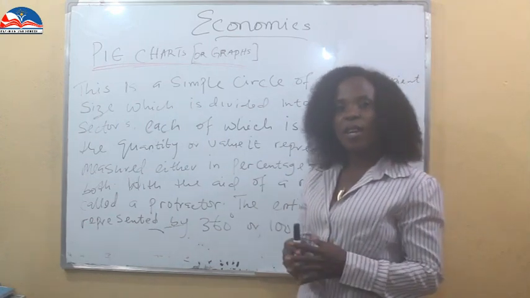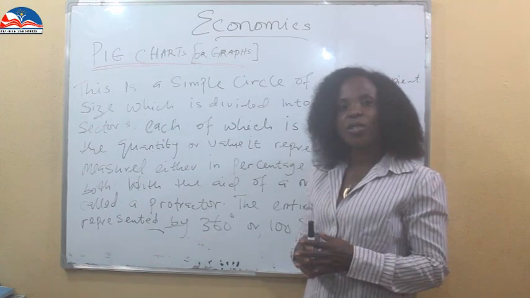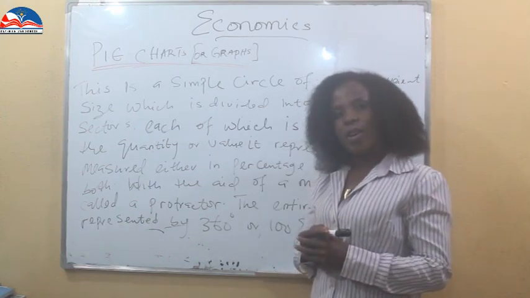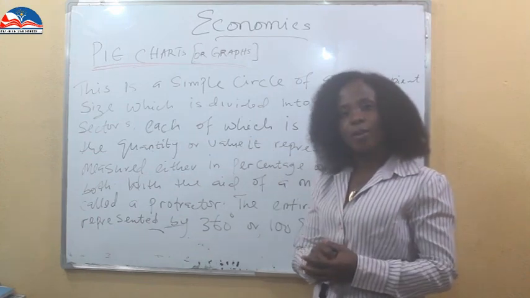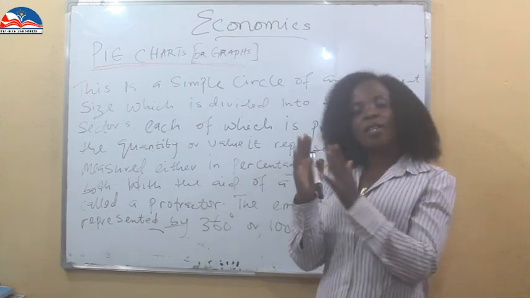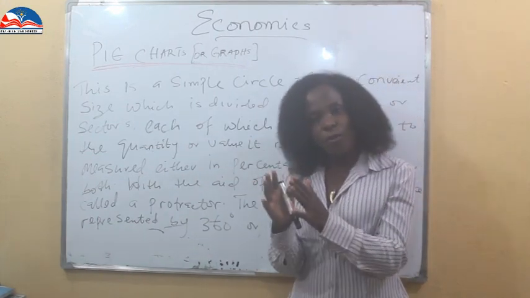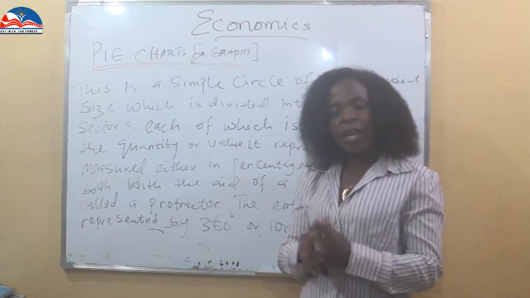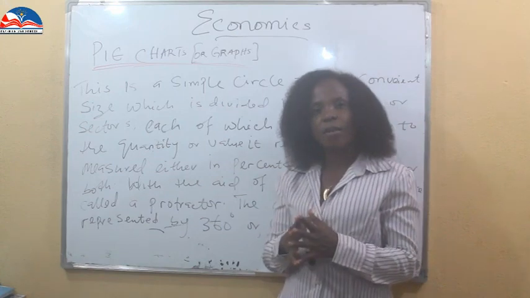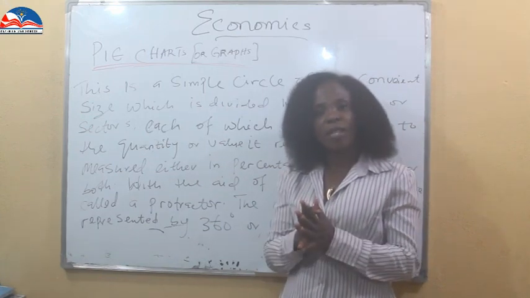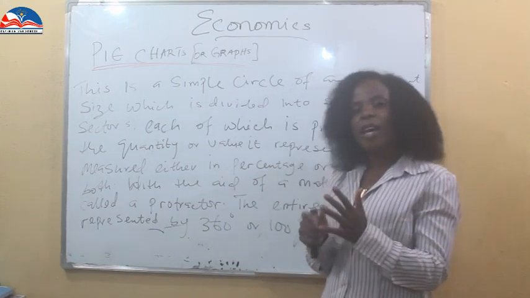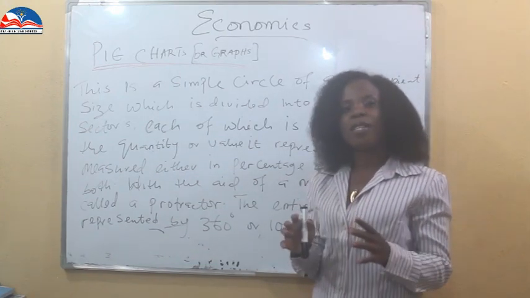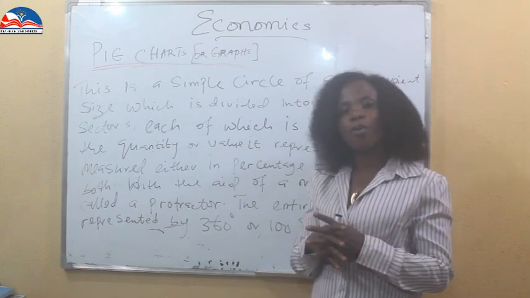It's just a representation of a circular diagram representing each of the items you want to analyze. And these items are mathematically calculated either in degrees or in percentage, but they are represented in a circular form.